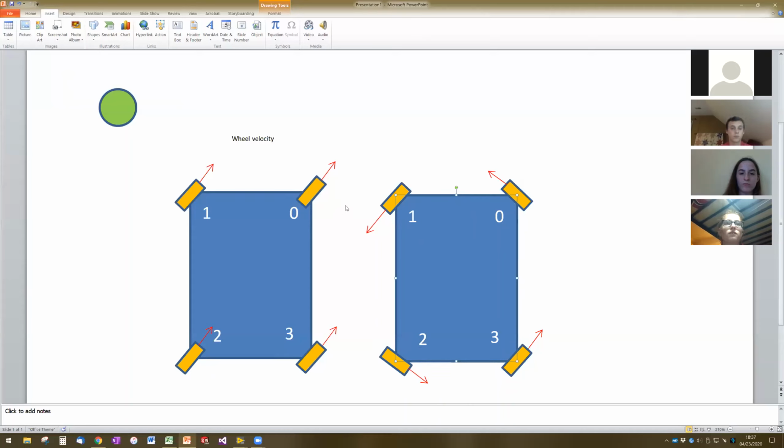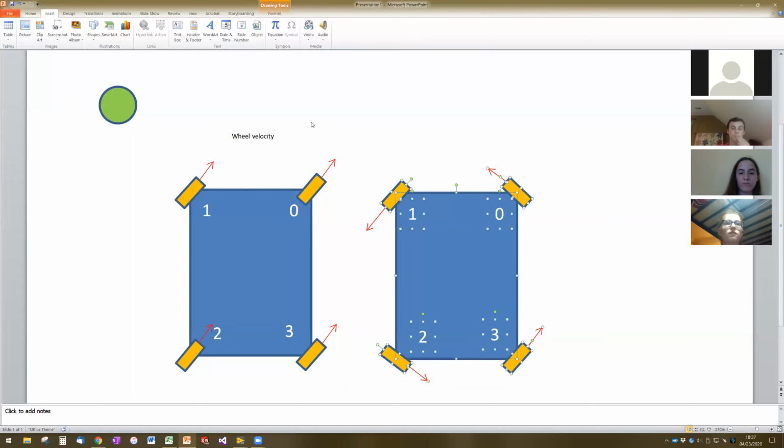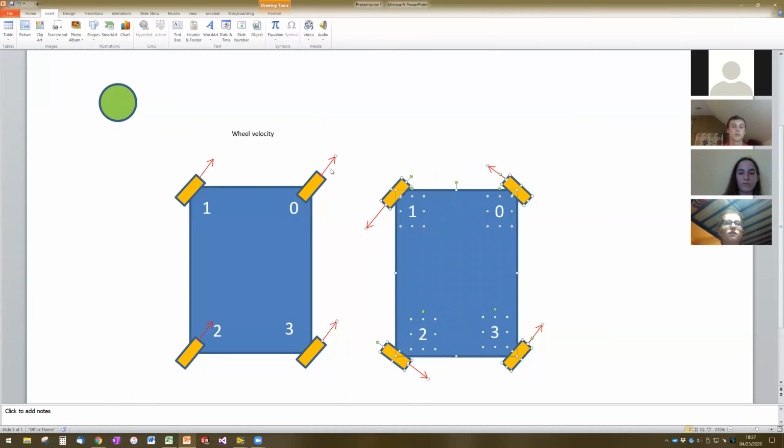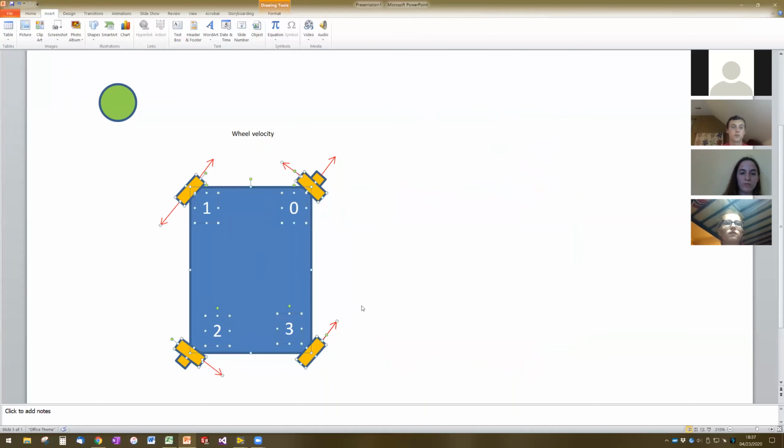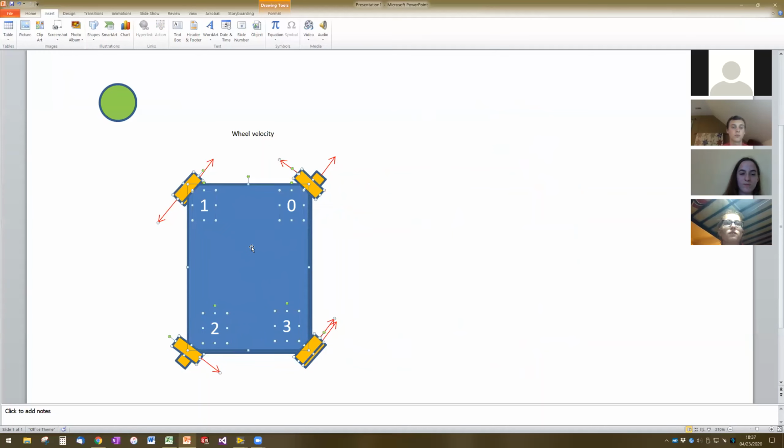Okay. So the final solution, or the combined solution of both translation and rotation, is going to involve a summation of the rotation solution and the translation solution. So we're going to have to find a way to combine these two different solutions.